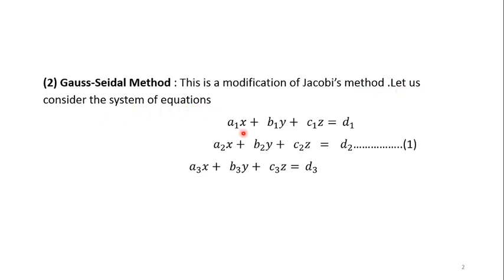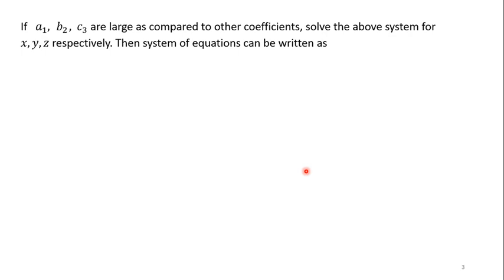Let us consider the system of equations a1 x + b1 y + c1 z = d1, that is, all unknown terms on the left side and known values on the right-hand side. If a1, b2, c3 are large compared to the other coefficients, solve the system for x, y, z respectively, as in step 1 of our previous method.